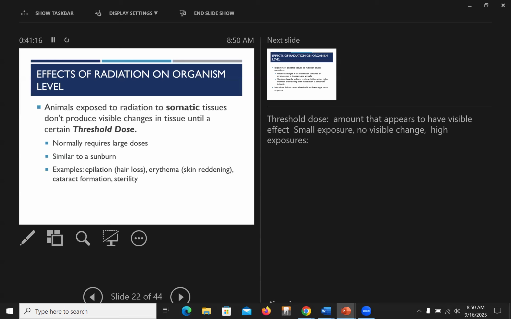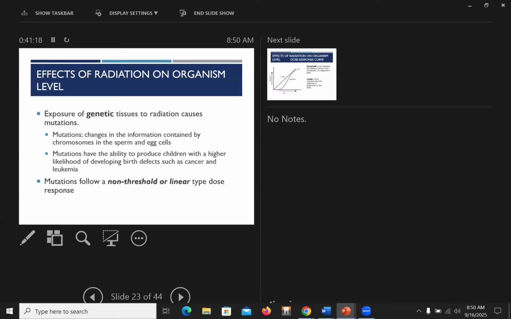As you'll see with the next slide, we call this kind of damage with genetic tissues linear or non-threshold, because basically any amount is a bad amount. If you get some radiation to a genetic tissue, that's a bad amount. That's why we're protective of those areas when someone gets radiation.